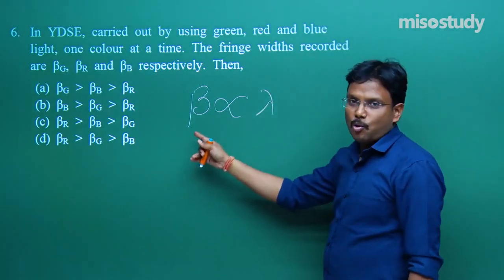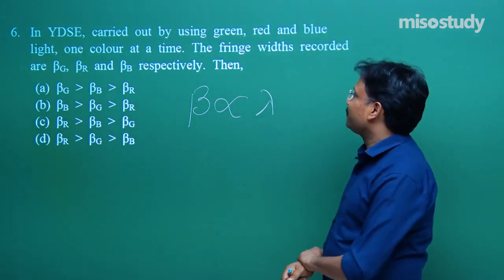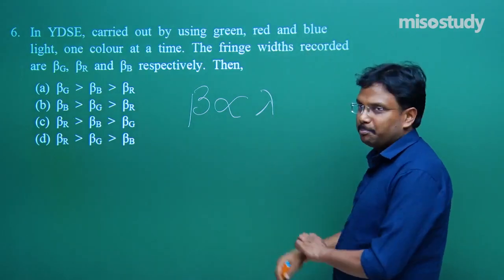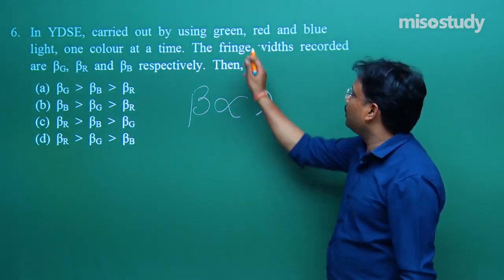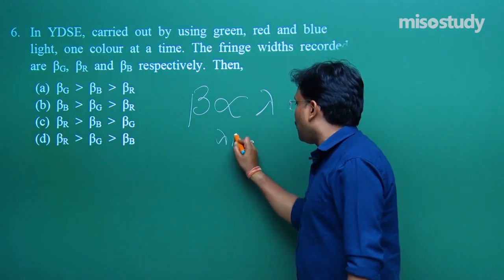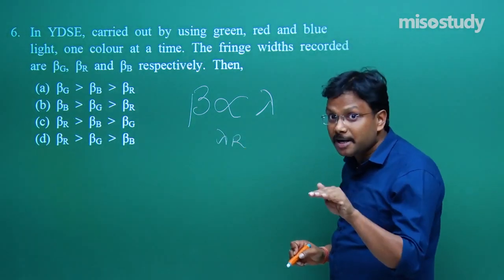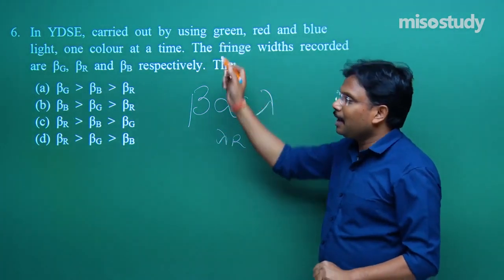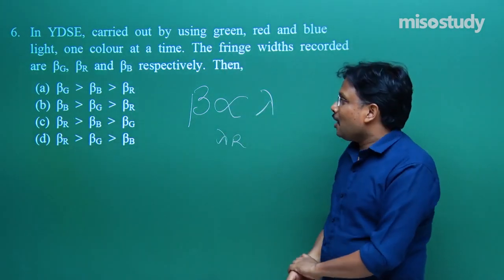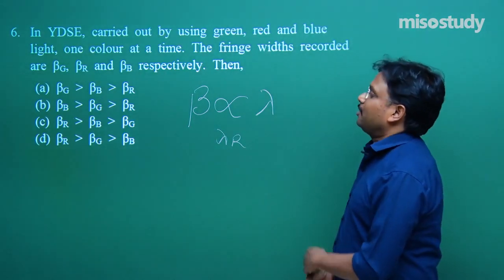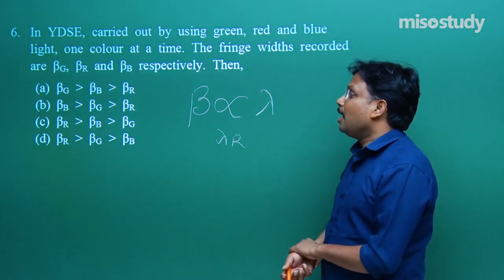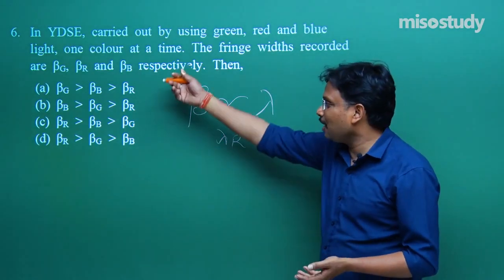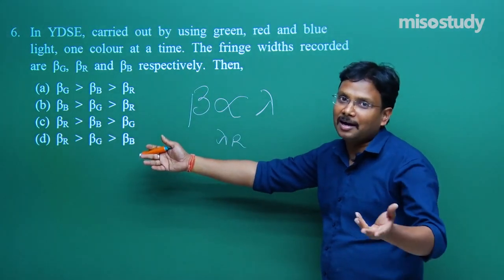More the lambda, more the beta. Now lambda green, lambda red, lambda blue, which one is the highest? Red, that is lambda R maximum, lambda blue minimum, and lambda green in between. So beta red is more, then beta green, and then beta blue. So D is the correct option.